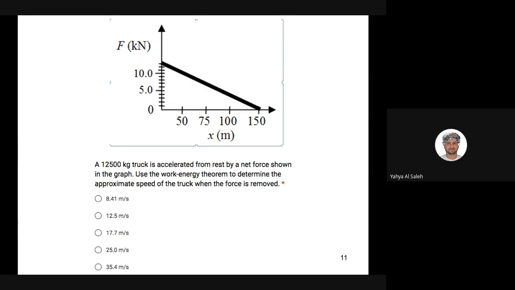Okay, let's see how the answers are going so far. Only 20 people have responded. What's going on? Are you asleep?